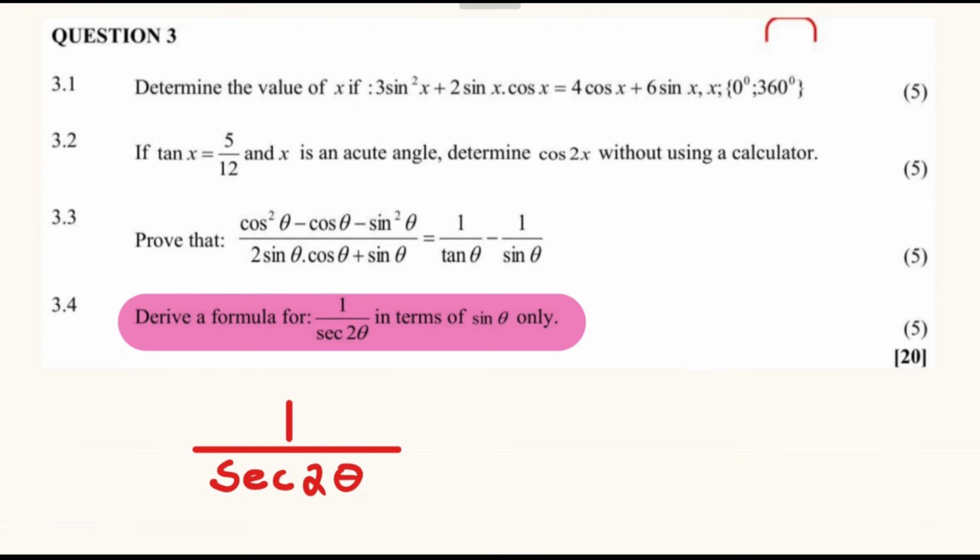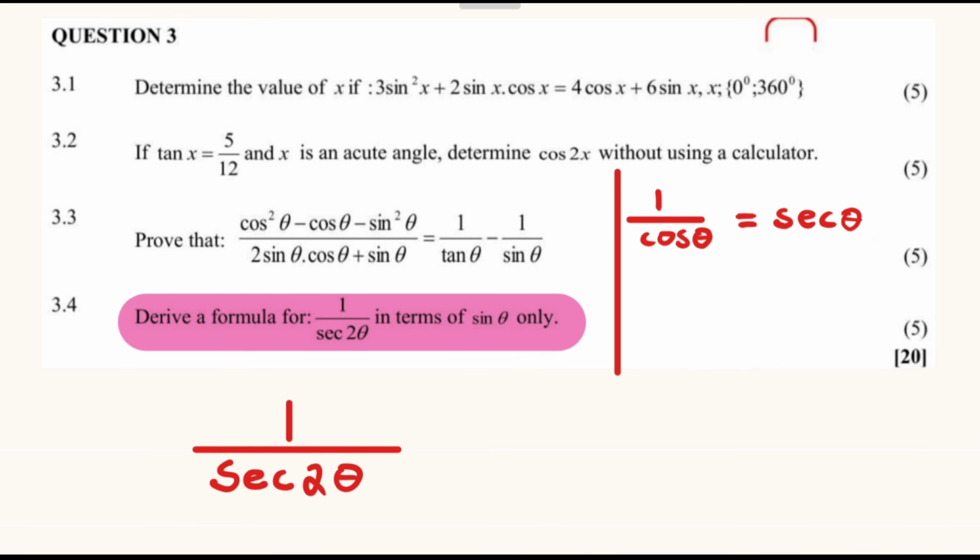Question 3.4, we derive a formula for 1 over sec 2 theta in terms of sin theta only. So we know that 1 divided by cos theta is equal to sec theta.